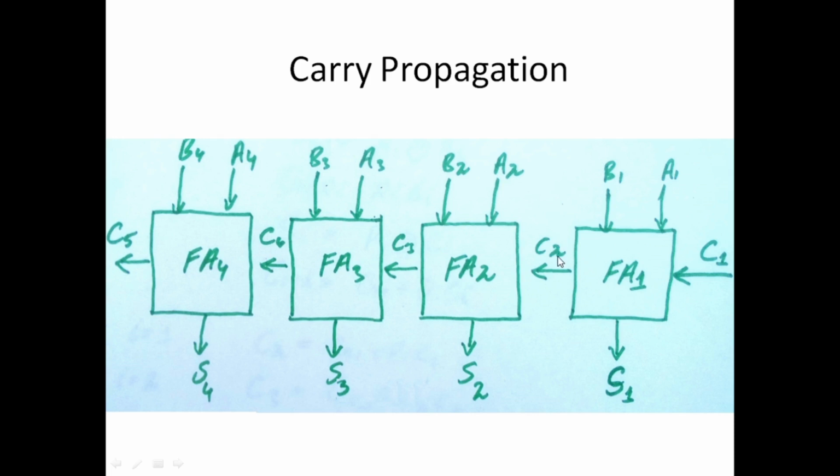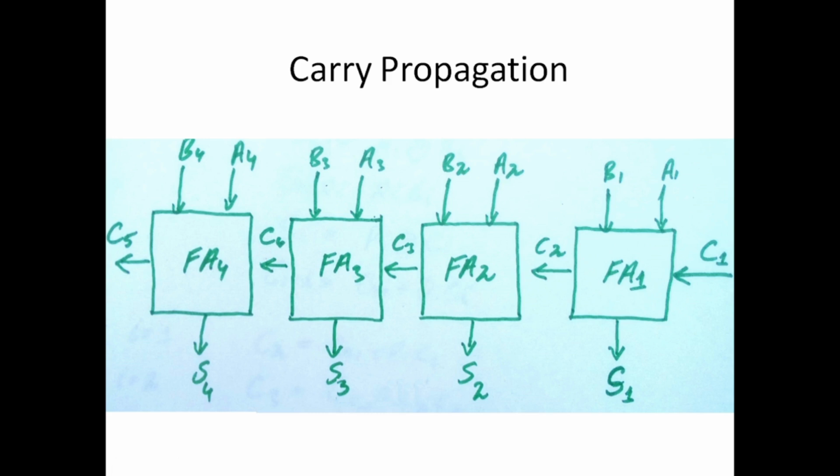So this wait, when the carry propagates from full adder 1 to 2, then to 3, and then to 4, would take some time or would create some delay, which is called carry propagation delay, because the carry propagates from full adder 1 till full adder 4, and it takes time, and this is not good.